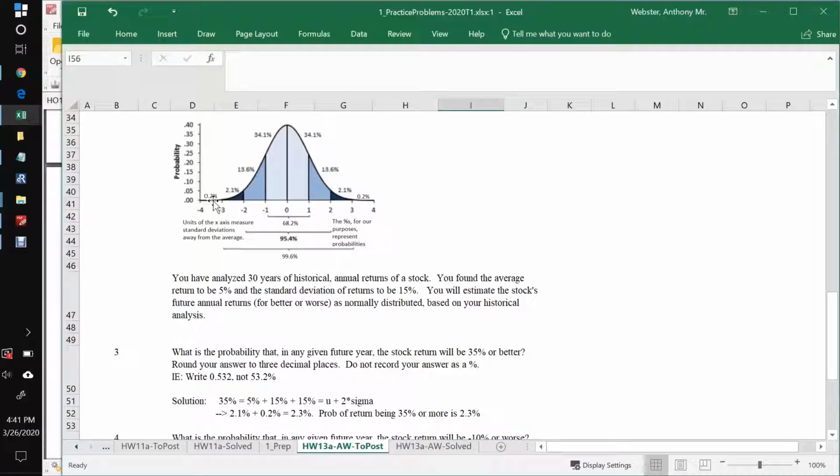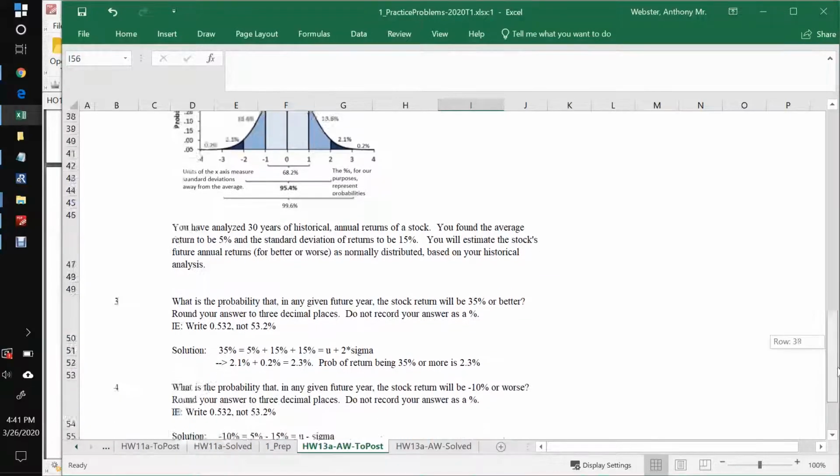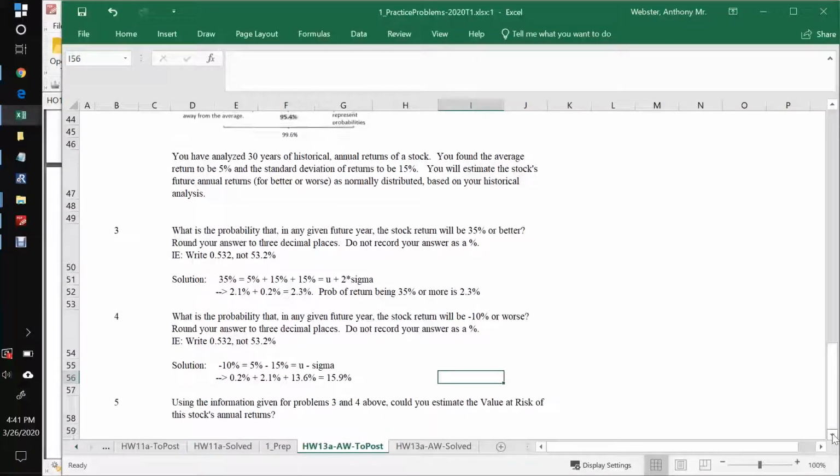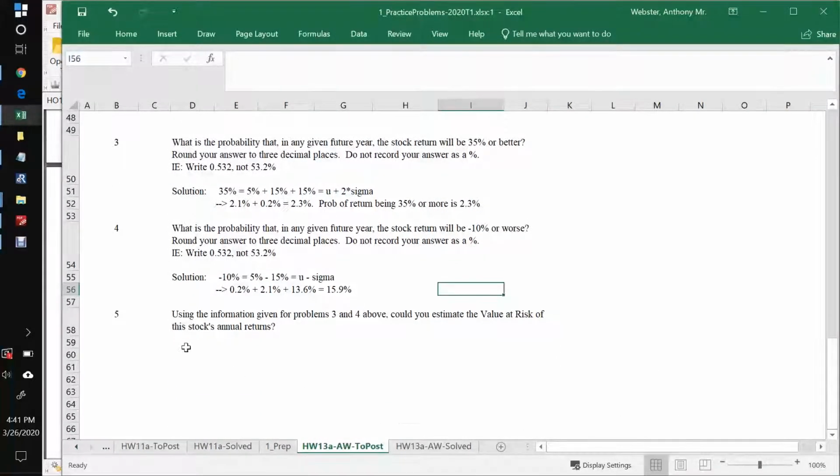I can add this one from 4 standard deviations away from the mean to 3, and 3 to 2, add those 2 together and get 2.3%, but now I jump up here to 13.6%. There's no way with the data given to me on this graph that I could compute the value at risk, okay? So we're going to say no VAR.